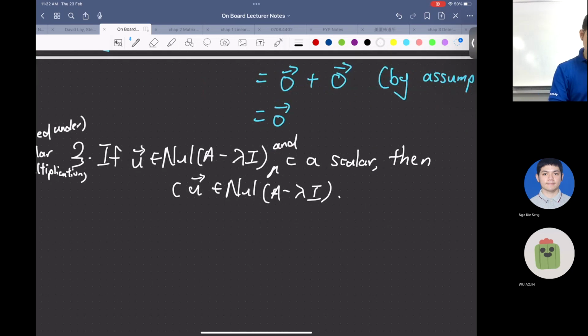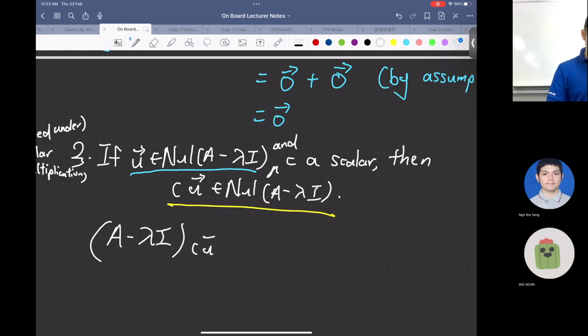So you want to show cu is in the null space of A minus lambda I, but you have the assumption that u is in the null space. So you need to check whether A minus lambda I times cu is 0. So what's this?